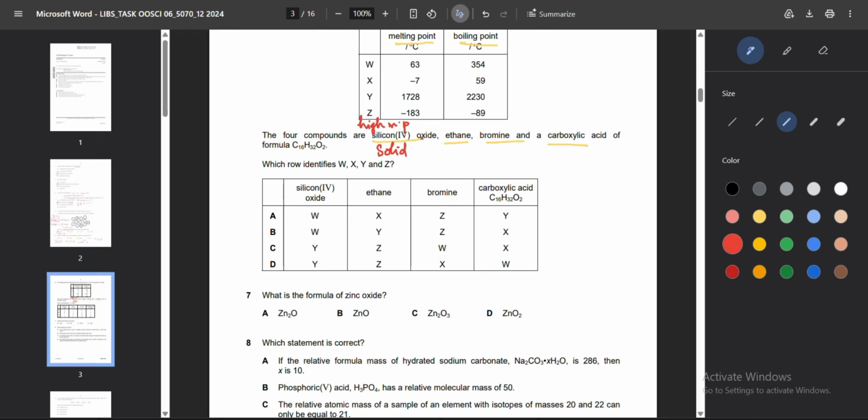Alright, it has high melting and boiling point. Next one is ethene. Ethene is a gas, and since it is a gas and it has a small covalent structure, it will have a lower melting point.